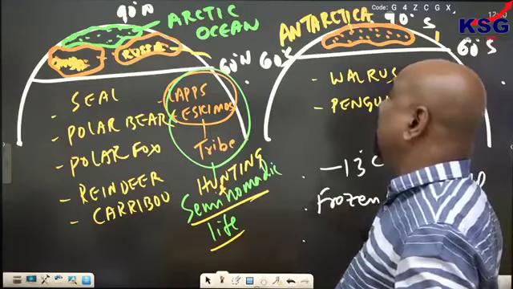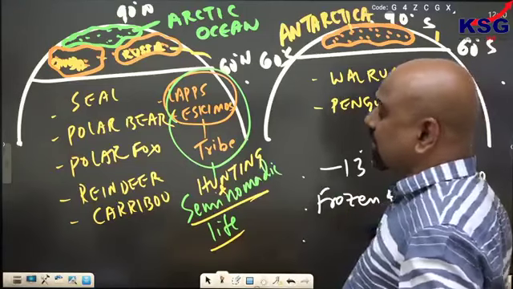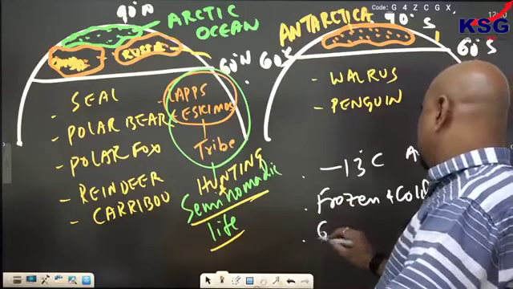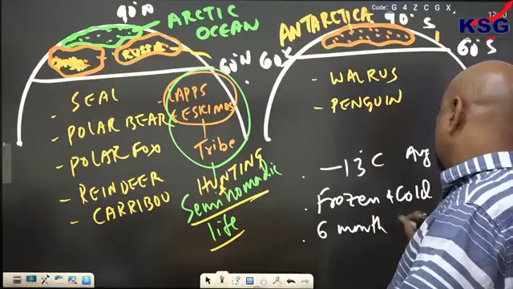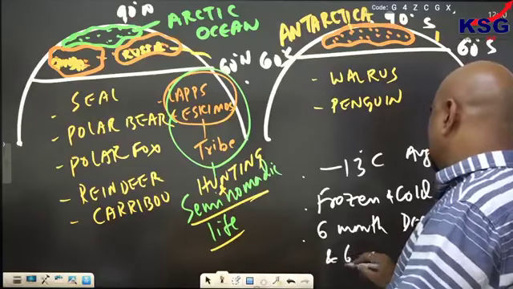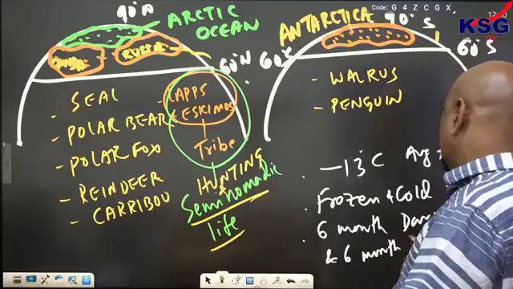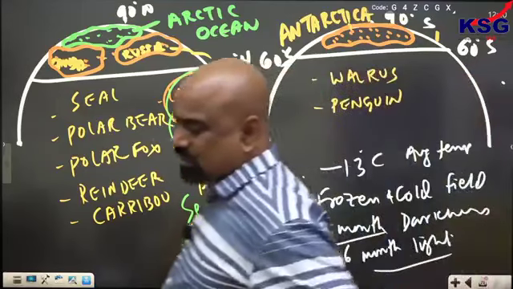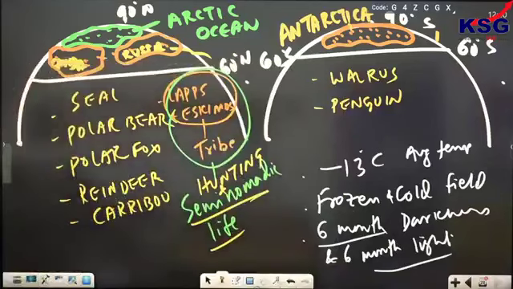In this entire region, Arctic and Antarctica polar regions, you have 6 months of darkness and 6 months of light. Not a habitable zone as such, much habitable नहीं है ये.